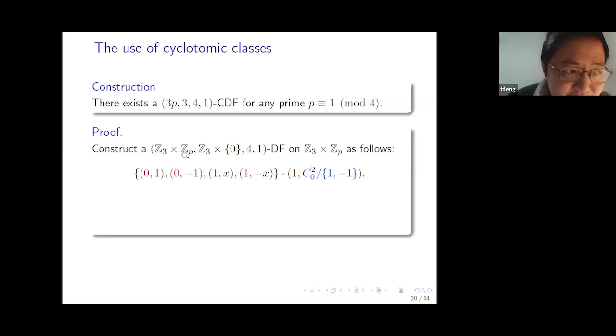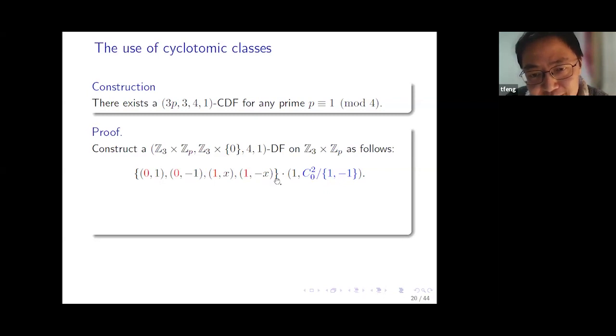The total number of differences is 3p, and because 3 elements cannot appear, the number of admissible differences is 3p minus 3. Each base block contains 12 differences, so (3p minus 3) over 12 is (p minus 1) over 4. So we need to construct (p minus 1) over 4 base blocks. But here I list only one initial base block, which will form (p minus 1) over 4 base blocks.